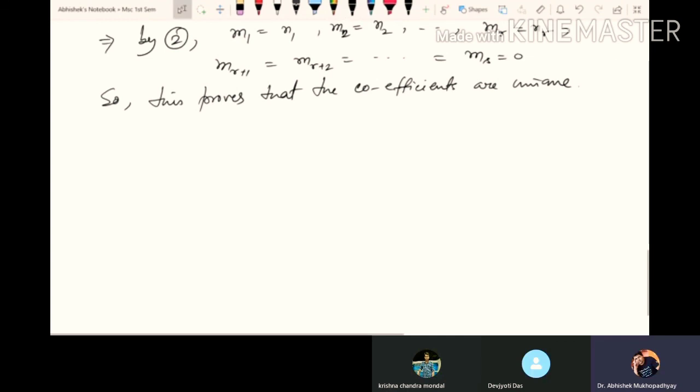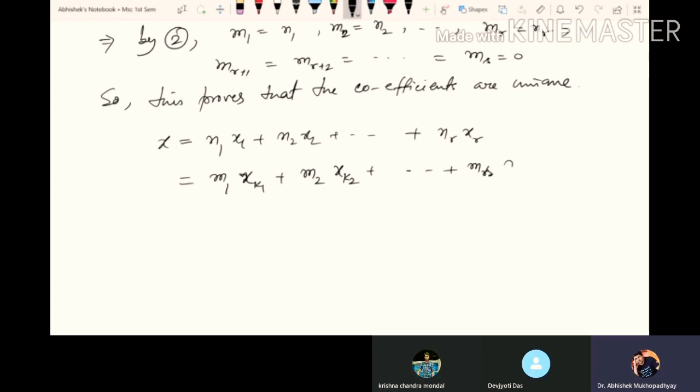The way is that suppose x is n1 x1 plus n2 x2 plus ... plus nr xr, this was the first expression, and suppose the second one is m1 xk1 plus m2 xk2 plus ... plus ms xks. So these elements may be different from x1, x2, ..., xr.